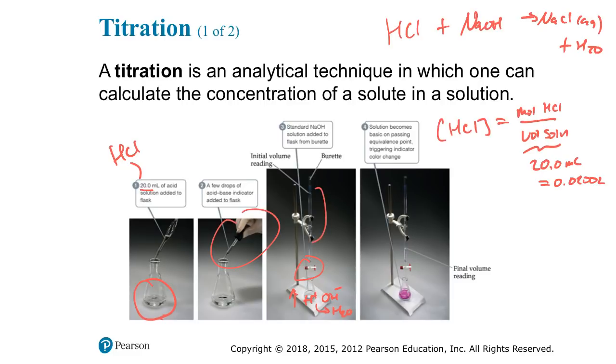We might need the concentration of sodium hydroxide, how many milliliters it takes, and how many moles of sodium hydroxide had to be added. That tells us how many moles of HCl were present. So we can take the moles of sodium hydroxide, relate that to the moles of HCl, and solve for the moles of HCl to get our molarity of that solution.